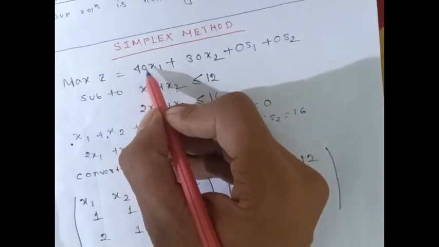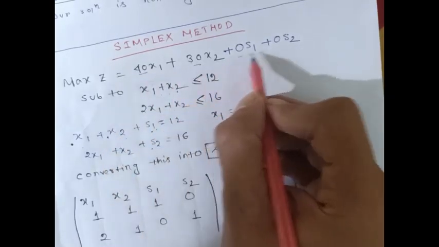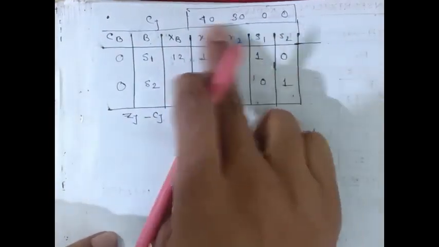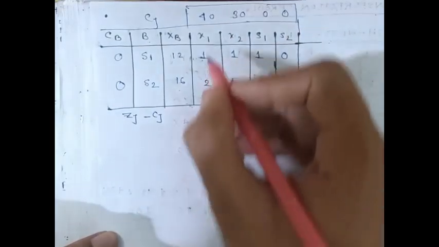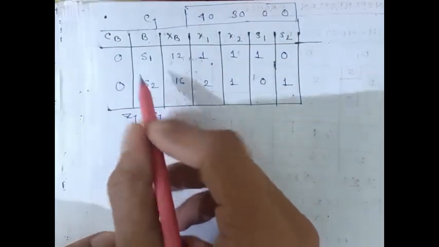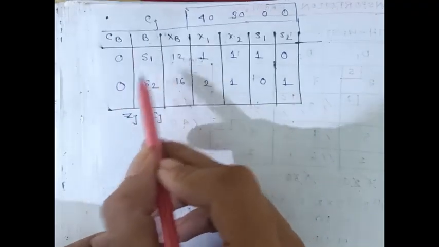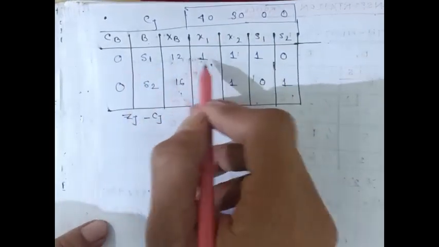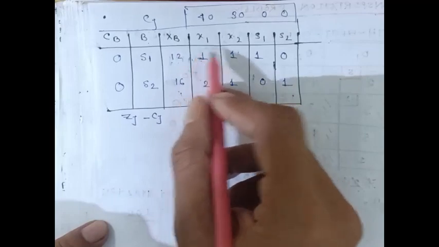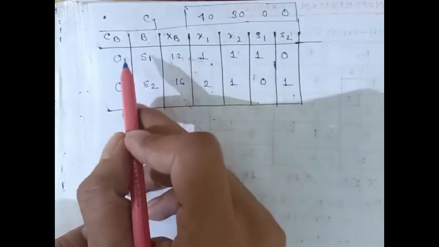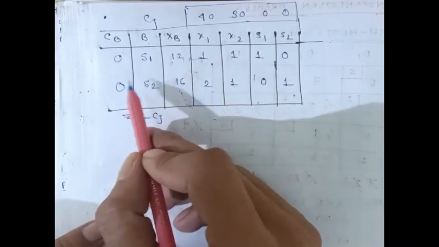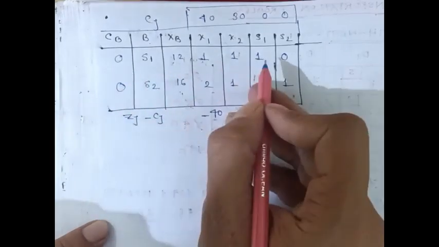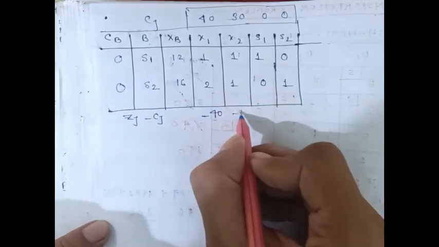Now these are the costs cj: 40, 30, 0, 0. So zj minus cj: the basic costs are multiplied with the xj values. 0 into 1 plus 0 into 2 is 0, minus 40, so it is minus 40. 0 into 1 plus 0 into 1 is 0, minus 30.